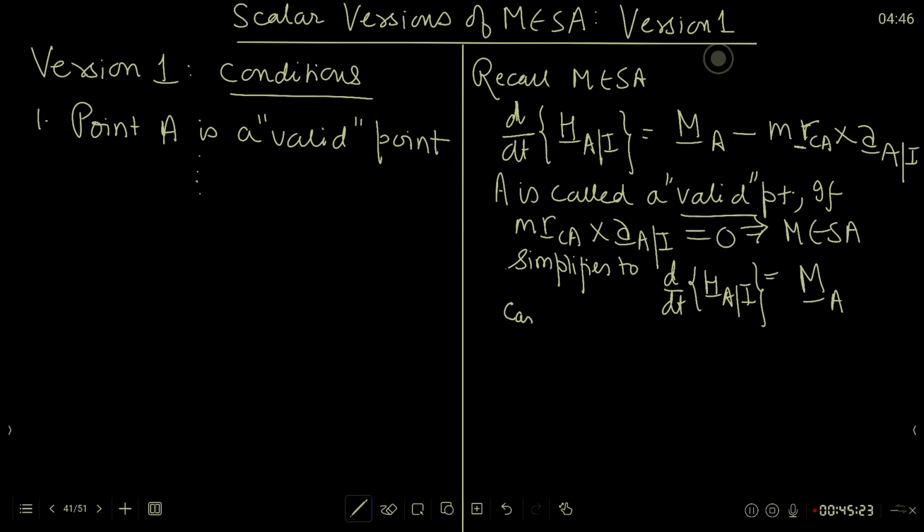Case 1, when A will become a valid point, is that AAI is 0. Then the extra baggage will be gone.